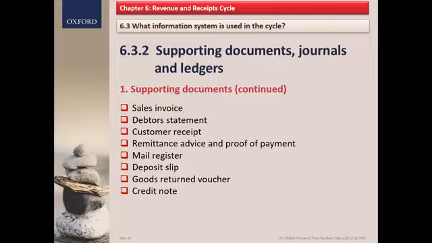Then we've got your mail register, which is actually an outdated supporting document since most of the stuff is done electronically. Banks are not accepting checks at present, because payments are made via mail, whether for cash or through postal orders.